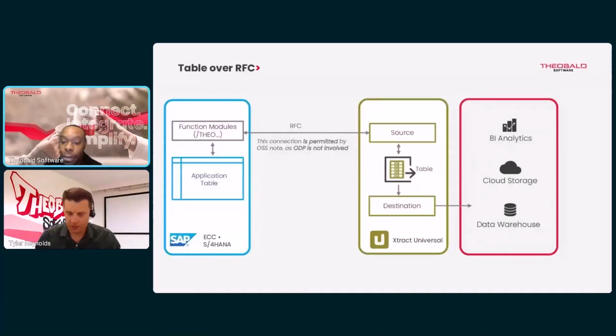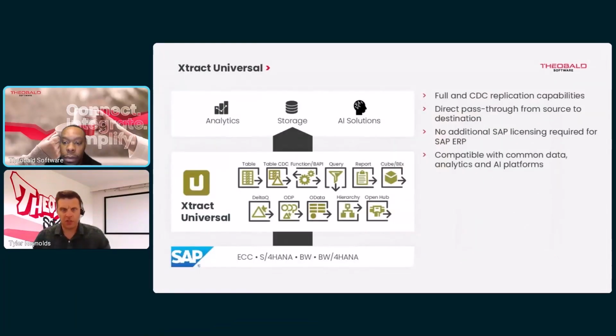Correct. So just to recap and summarize, what we talked about today were different options of how you can still use third-party integrators such as Theobald and our Xtract suite to bring your SAP data into outside environments.